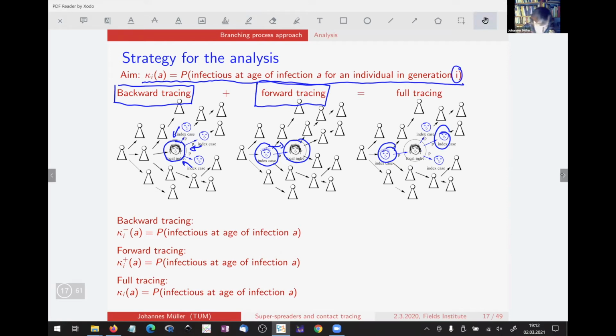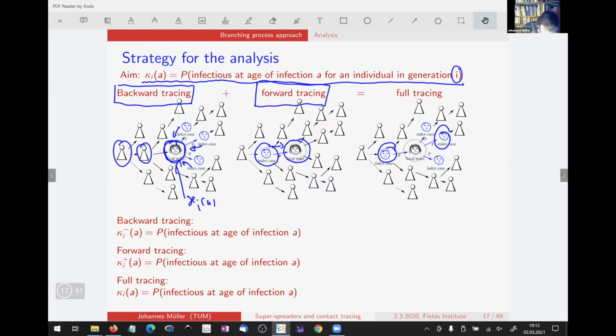So here we would have zero generation, first generation, second generation. So we would go to a second generation individual and would like to know how likely is it that Heidi, a second generation individual, would be infectious after 3 days of infection, something like that.